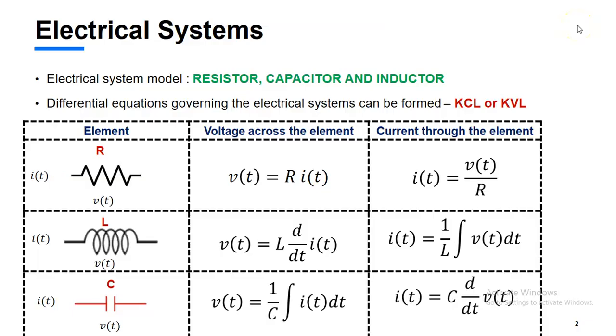For modeling an electrical system, the electrical network or an equivalent circuit is formed by using RLC components along with voltage and current sources.